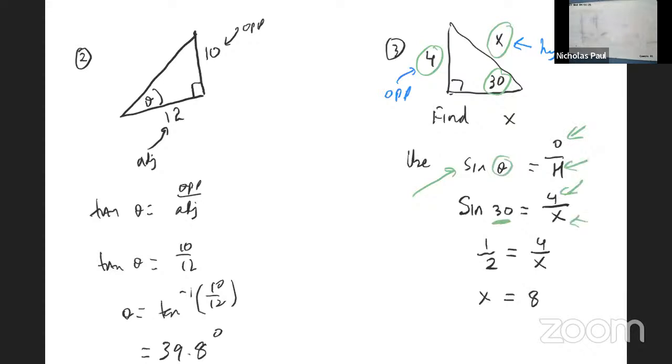I went to my calculator and I found sine 30 and I got a half. Now I have two fractions separated by an equal sign, so I'm going to cross multiply. 1 times x, 4 times 2. That's okay?